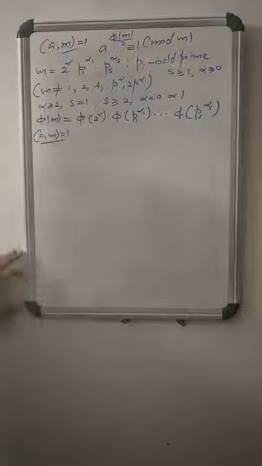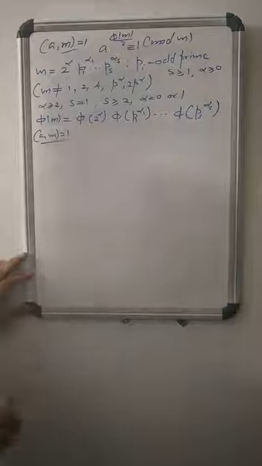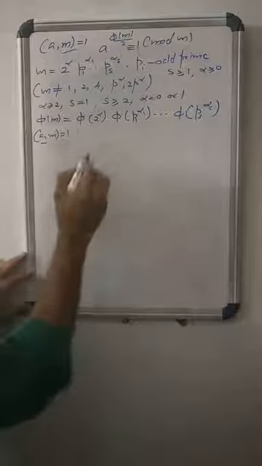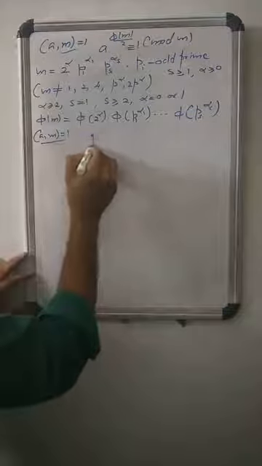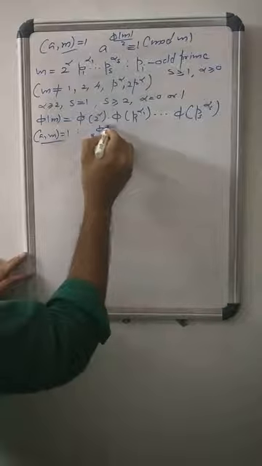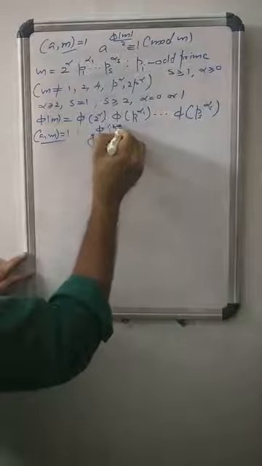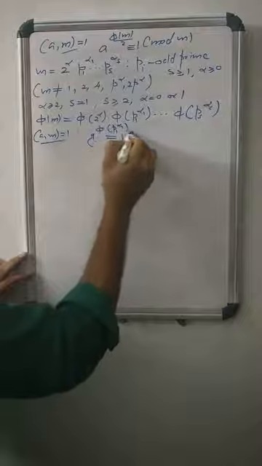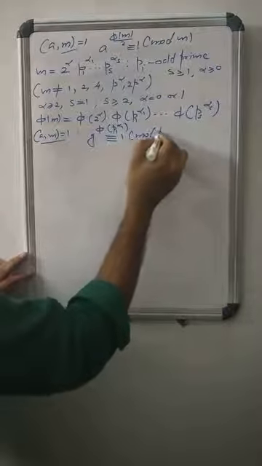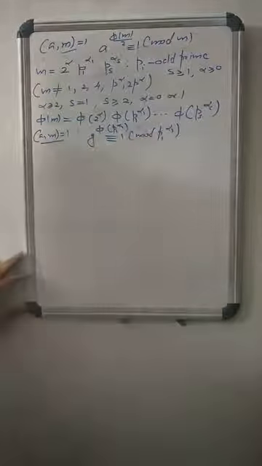So let g be a primitive root mod p1 power alpha 1. G being a primitive root mod p1 power alpha 1 means g power phi of p1 power alpha 1 is congruent to 1 mod p1 power alpha 1.